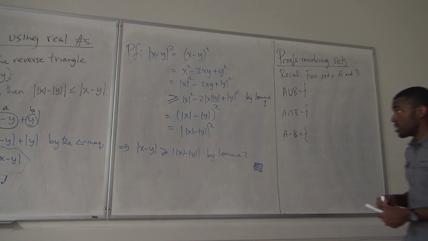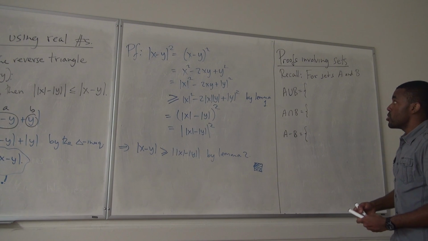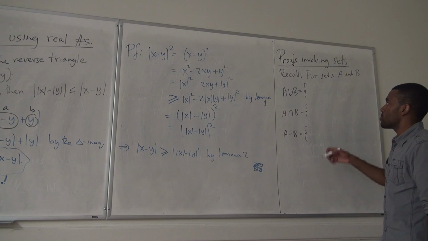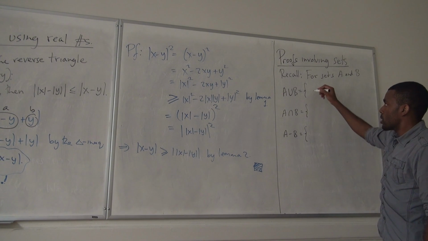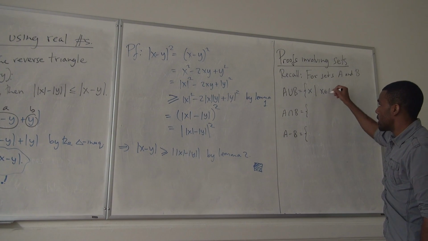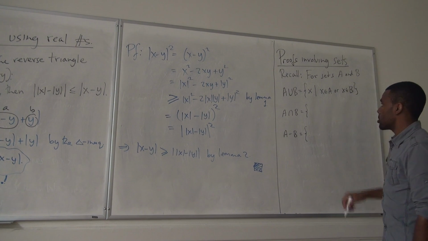Give me the definitions for these, as concisely as you can. What's the union of two sets? It's the set of all x such that x is in A or x is in B, inclusive or.